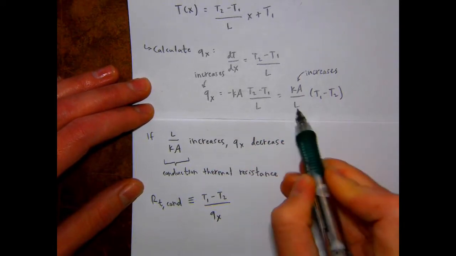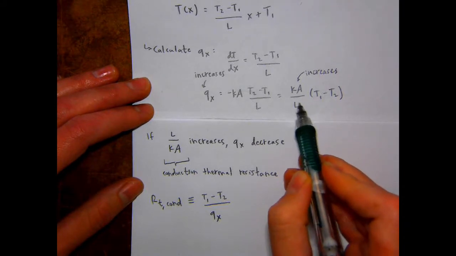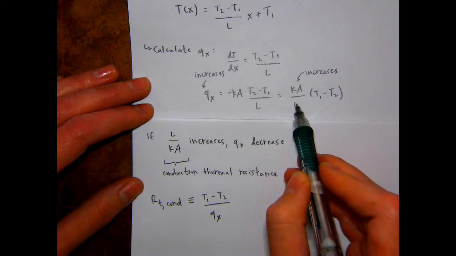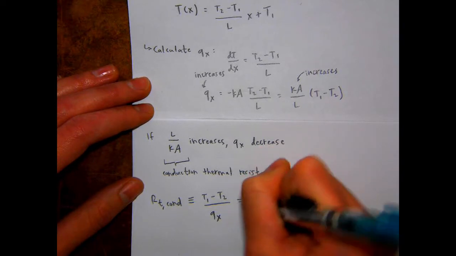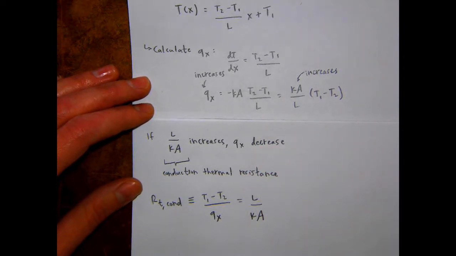If you look up here, if you solve this for L over Ka, it's going to be T1 minus T2 over Qx, just rearranging the equation. So that's equal to L over Ka. Just different expressions for the thermal resistance.